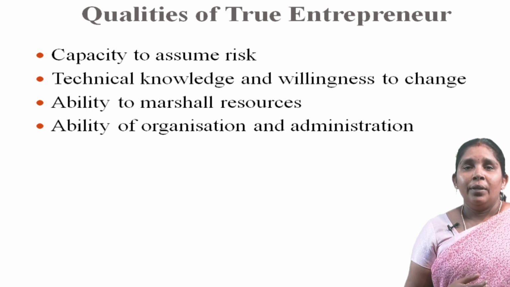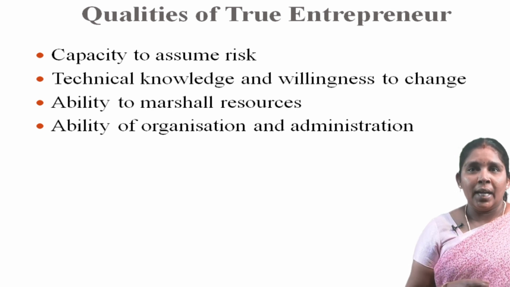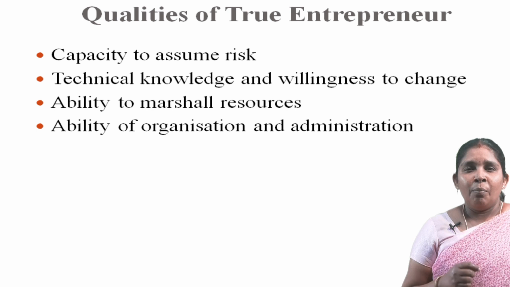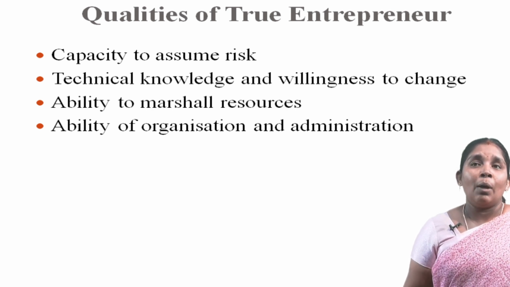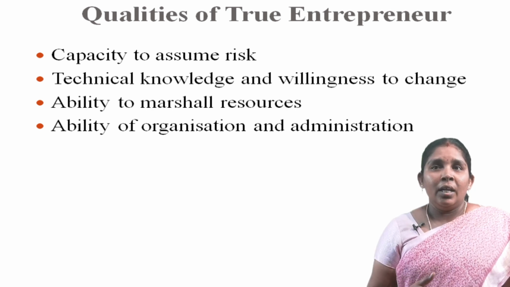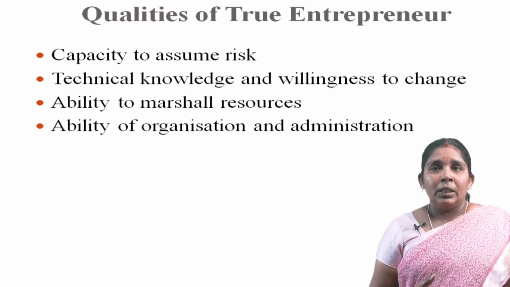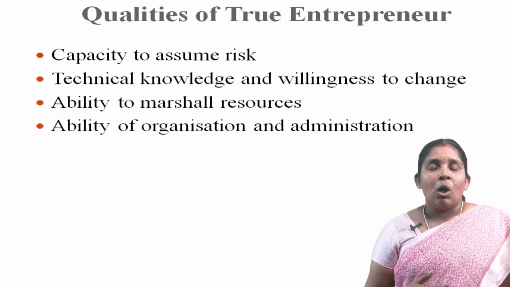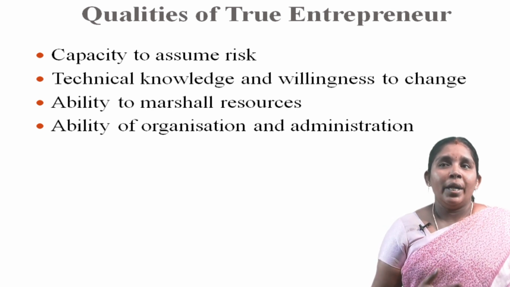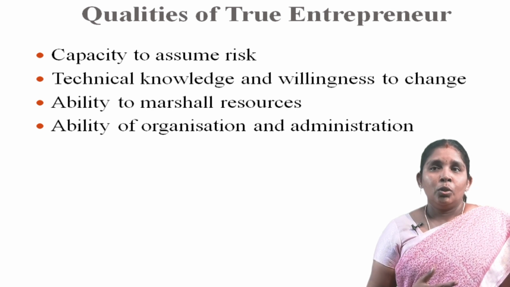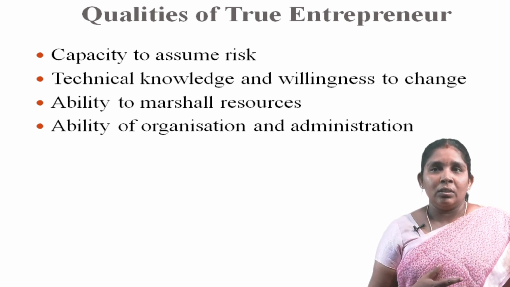Fourth one is ability of organization and administration. The ability of building a sound organization is the most critical skill needed in industrial development. It is a critical position. The organization builder must be able to harness the new ideas of different innovators to the best in his organization.